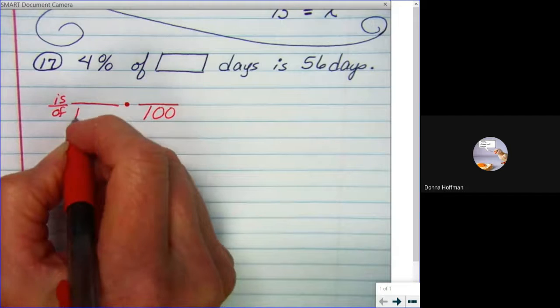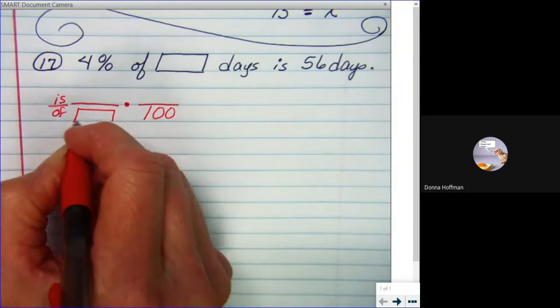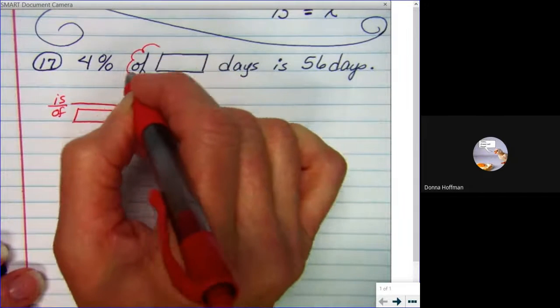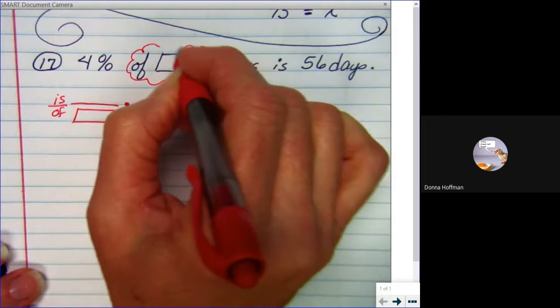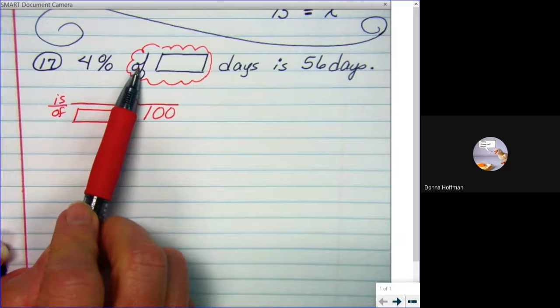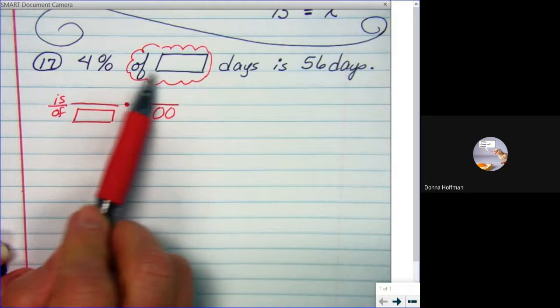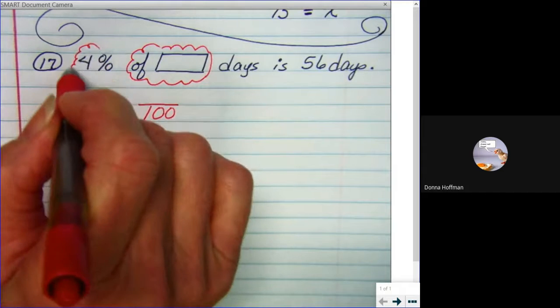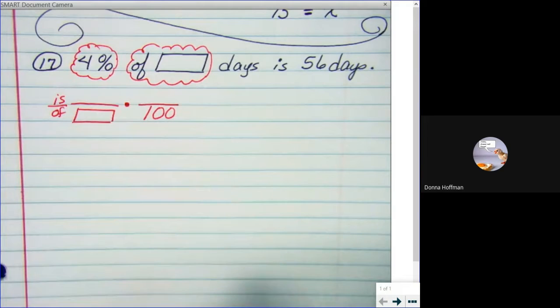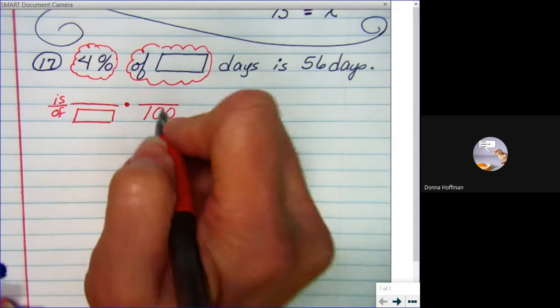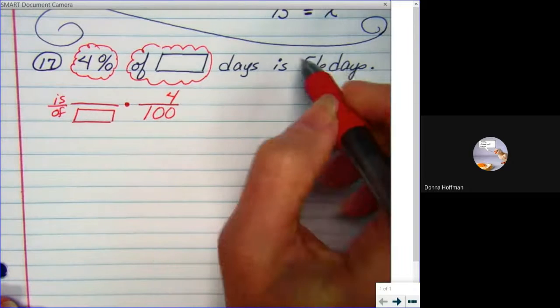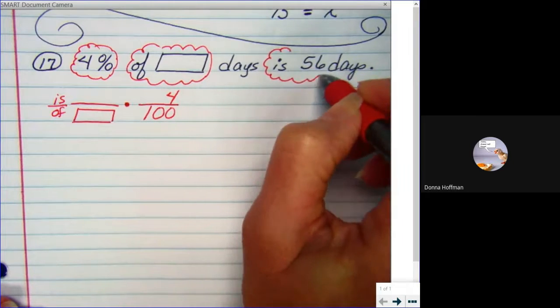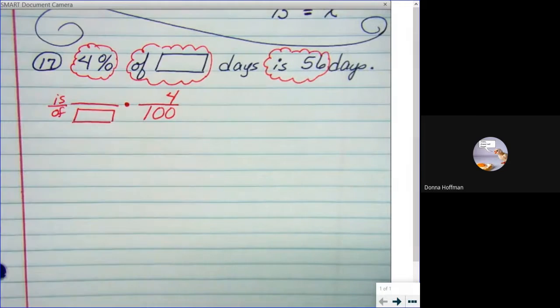Mm-hmm. Because it's the of some number. And guess what? Where does this one go? On top of the 100. Good. And then we have the is, which goes on top of the other one, right?